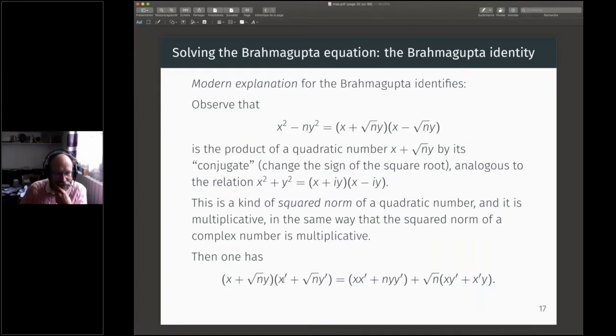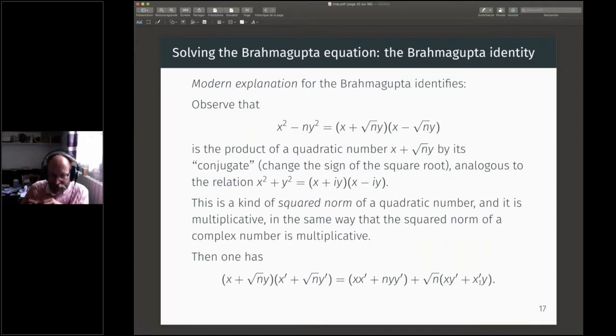If I have two of them, I can just multiply them and write it as a quadratic number with the square root of n in it. And I find exactly the quantities that appear in Brahmagupta's identity. So in some sense, this procedure explains the identity.